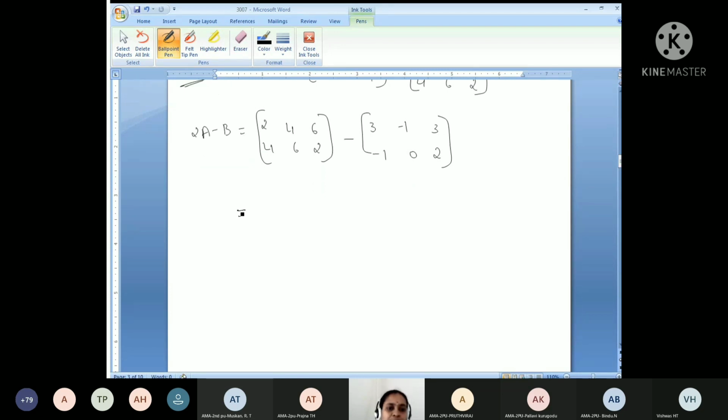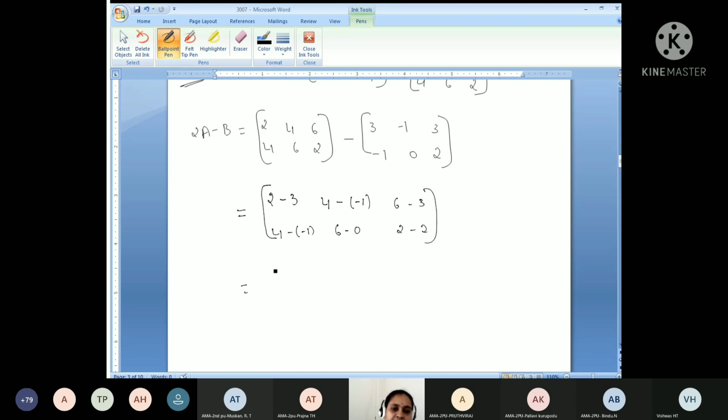If you want, you can write it like this, but this is not a compulsory step. I will show it: 2 minus 3, 4 minus of minus 1, 6 minus 3, 4 minus of minus 1, 6 minus 0, 2 minus 2.